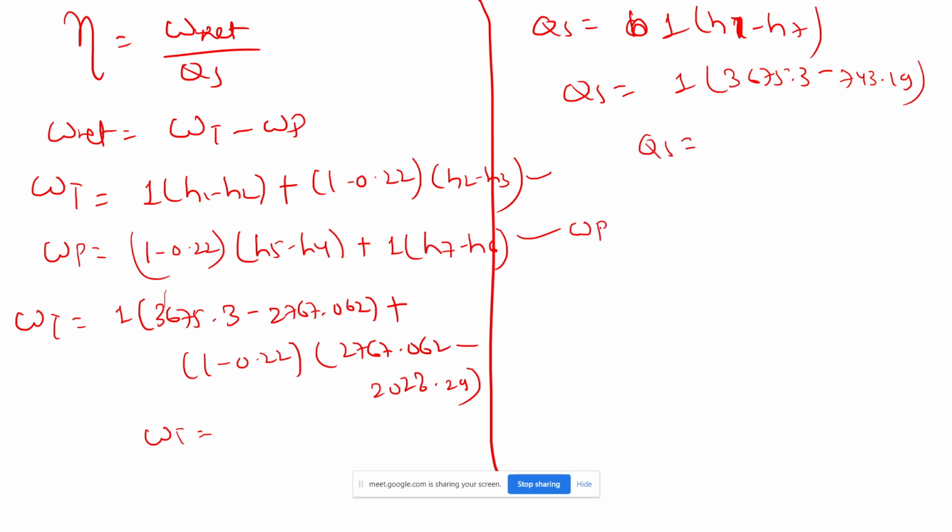And pump work: (1 minus 0.22) into (H5 minus H4).